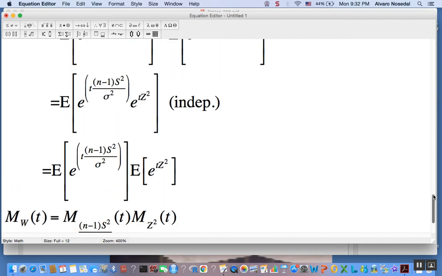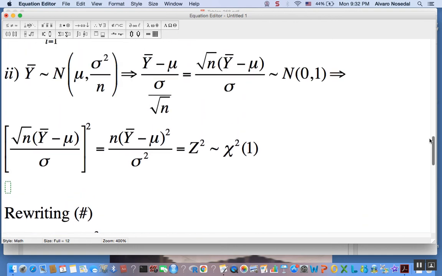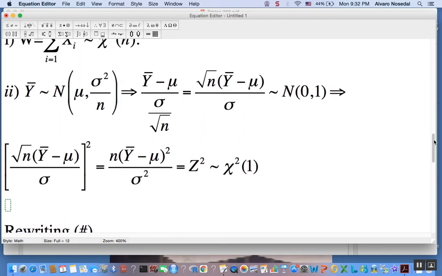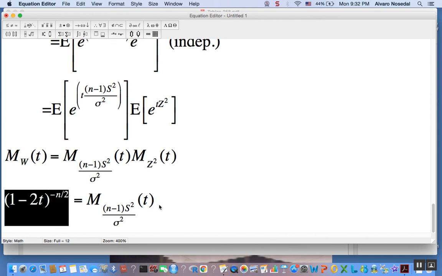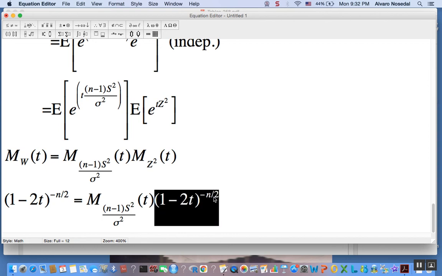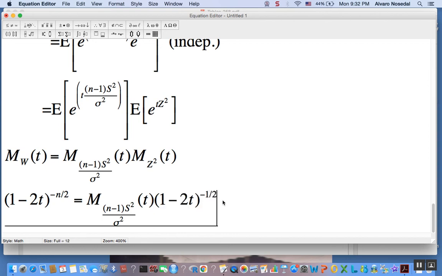We know that z squared is a chi-square with 1 degree of freedom. So the MGF looks similar, but instead of n degrees of freedom we only have 1. So let's just change that accordingly, and then just a little bit of algebra.